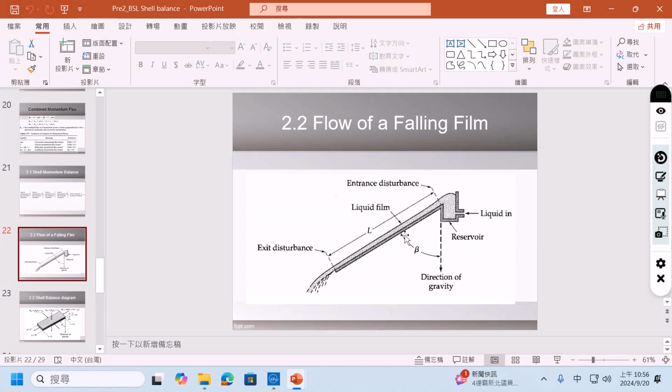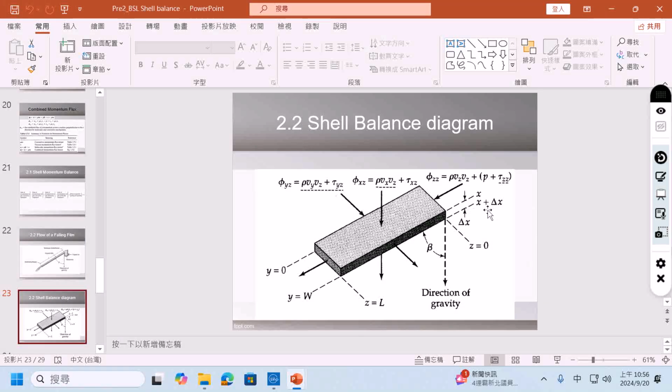The goal for this example is to get the velocity distribution of this small film. And we will take the control volume only in the x direction because we are interested in the x direction only. Okay.